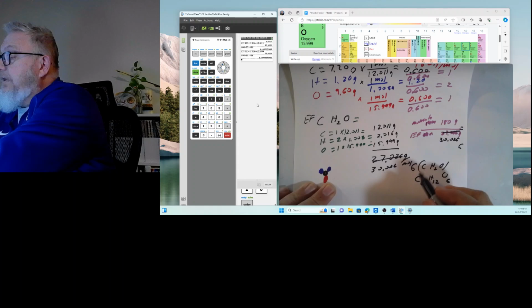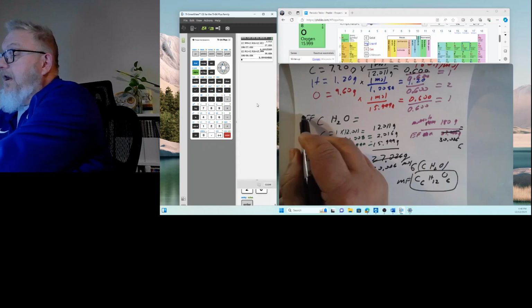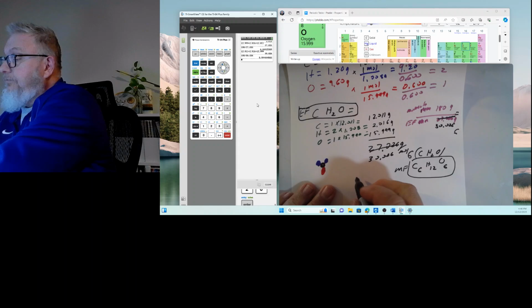All right, so the question asked me to find the molecular formula, I could call that MF, and it said to find the empirical formula. So right there, I found both. So that's the empirical formula diagram. This one would have 6 carbon balls.